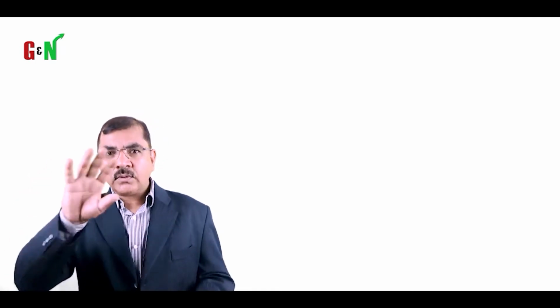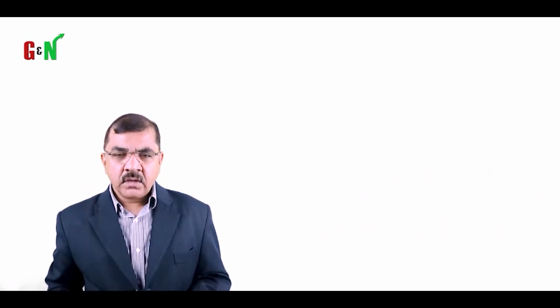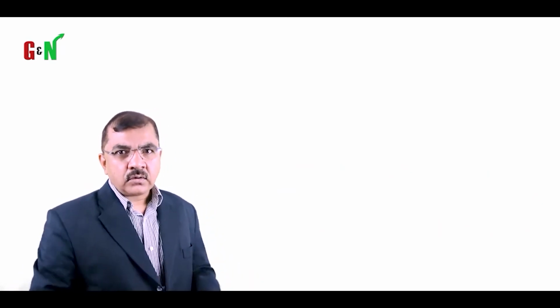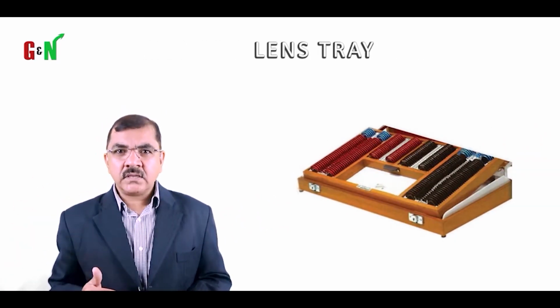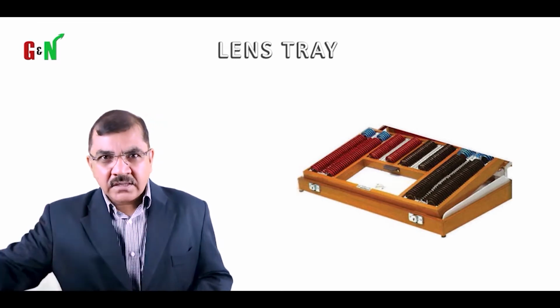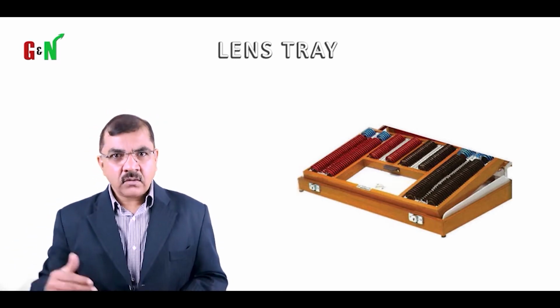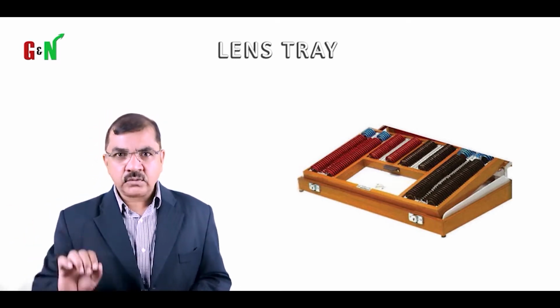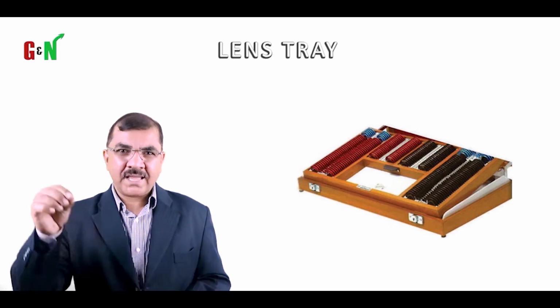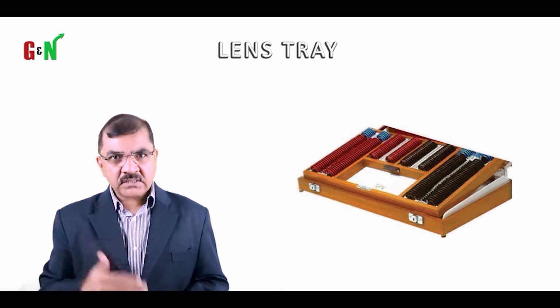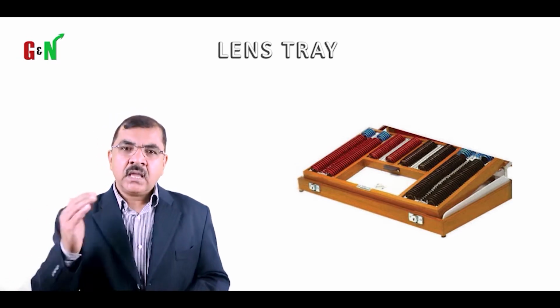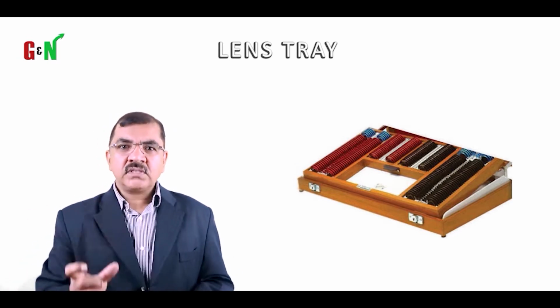You go inside the clinic and you will see a nice chair. Attached to the chair, you will have some nice instruments. And what are those instruments? Alongside the chair, at the corner of it, you might see a nice tray. In that tray, you will see different lenses arranged, and also other instruments, which I will not talk about. The lens tray is full of lenses, plus lenses, minus lenses, also with cylindrical powers.